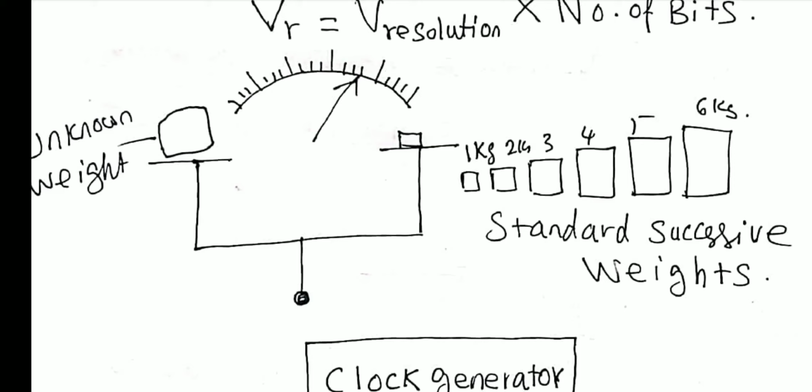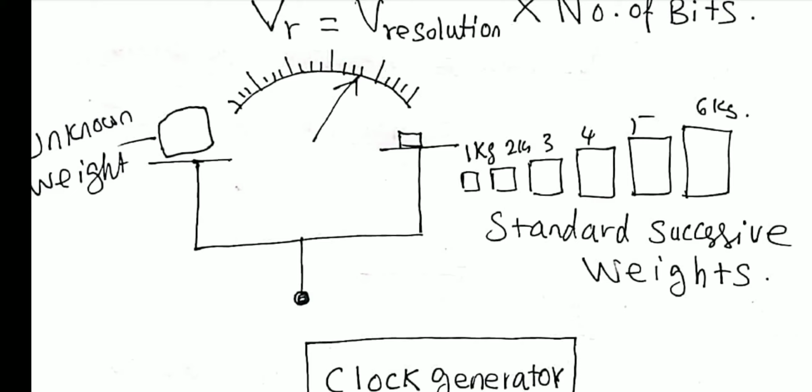If the needle goes to the left pan side, that means the unknown weight is greater than the standard weight. Again I put another weight, 2 kg, right? Now again I am looking at the needle on the dial.